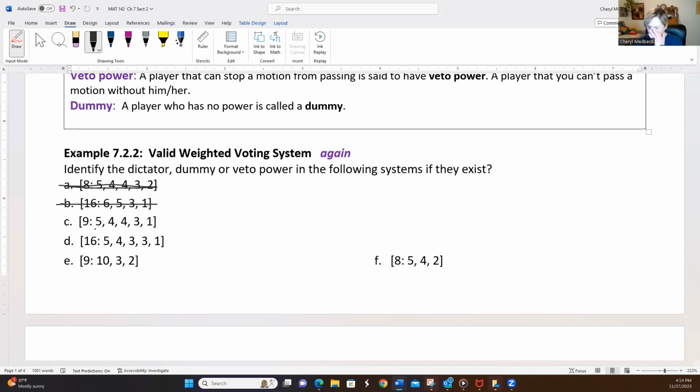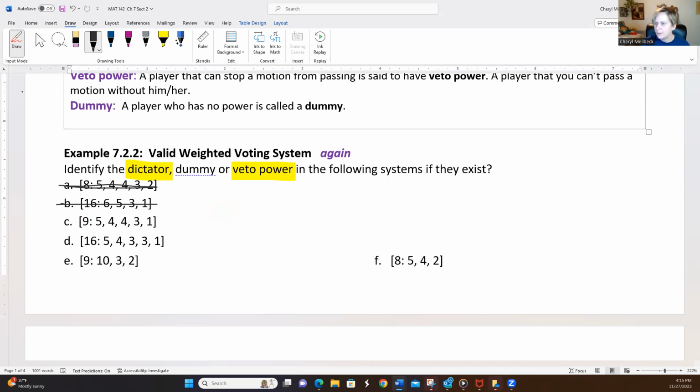So let's look here and see in part C if we have a dictator, dummy, or veto power. In order to have a dictator, the person would have to have a weight that is at least equal to the quota. Here the quota is 9, my highest weight is 5, so it is not a dictator. Let's go to veto power. If we look at part C here and try to identify veto power, let's see.